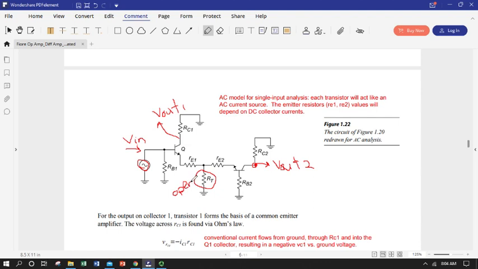And our collector current for circuit 1 is going to flow from ground and drop over the collector. So Vout1 is going to be less than ground. So it's going to be an inverted signal, which we're used to from common emitter.